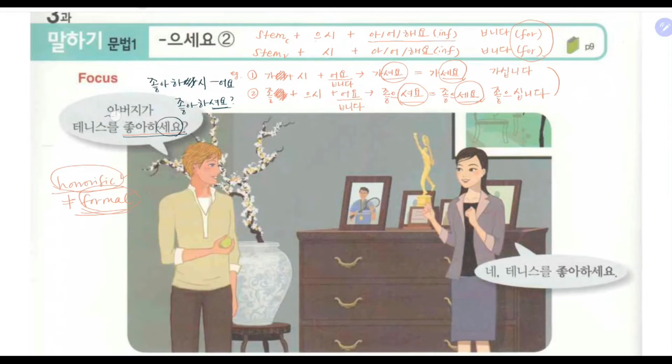Why did he choose to use the honorific form? Because the subject of the sentence needs respect. Someone else's father, isn't it? So, does your father like tennis? Shall we compare with a sentence with a different subject? 자, for example, does your friend like tennis? 어떻게 말해요? 친구가 테니스를 좋아해요?